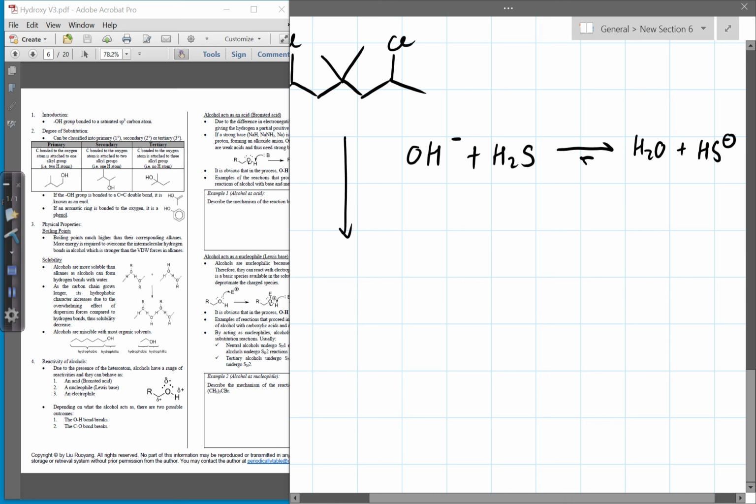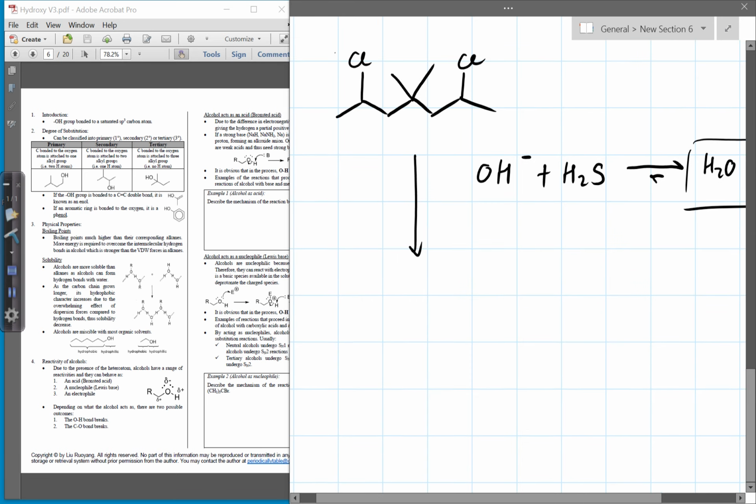Okay? H2O plus HS minus, why do I put this sign towards this direction? Because OH minus is a strong base, H2S is an acid, correct? So equilibrium favors this side. In other words, if you add these two, actually what is present in your solution is just your H2O plus HS minus, right?